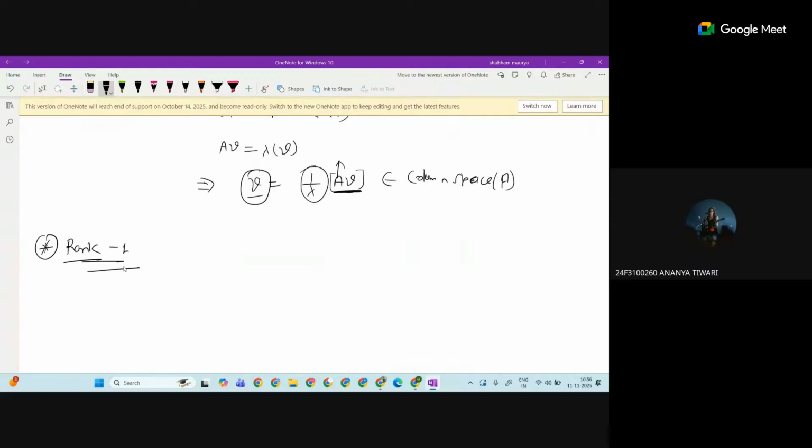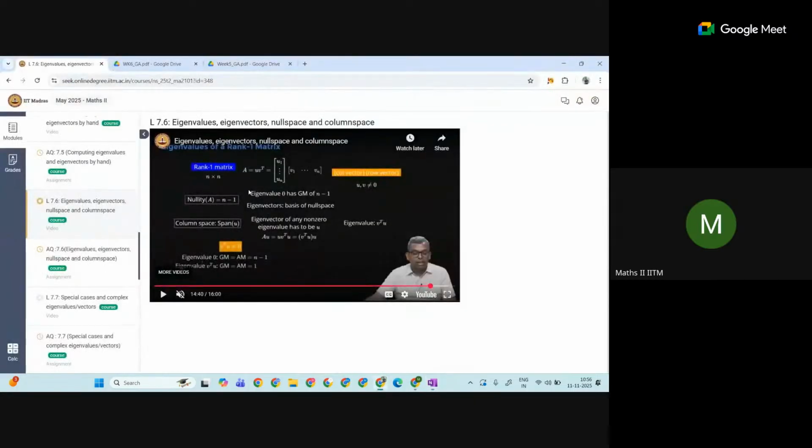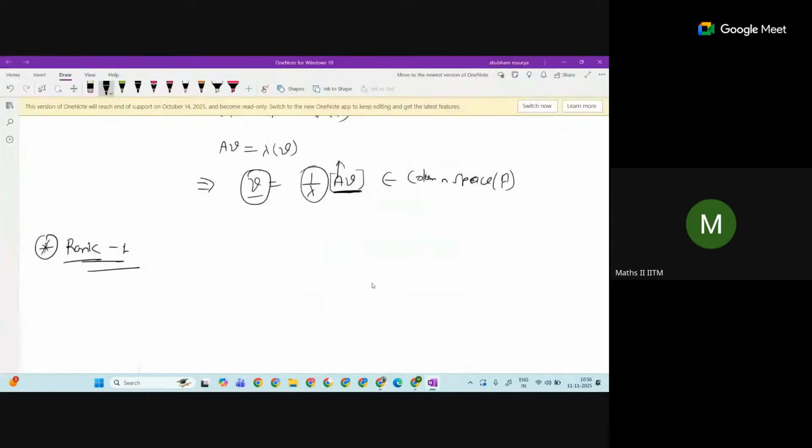Rank 1 is actually a very special case, and it is generated like this. You have two vectors, let's say u and v, and you form u v transpose. Let's say u is 1 2 3 and v is 1 0 1.